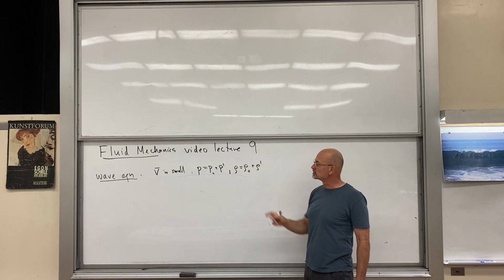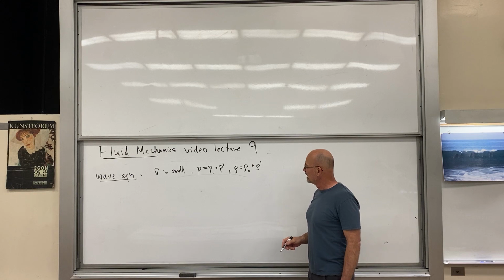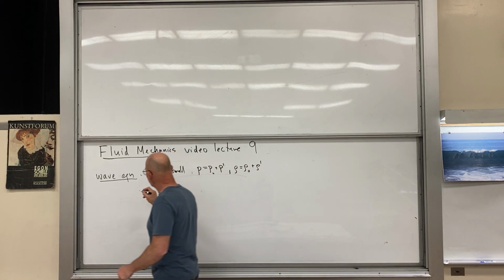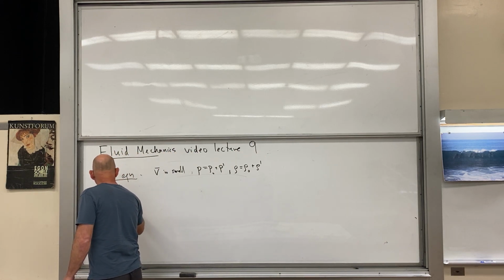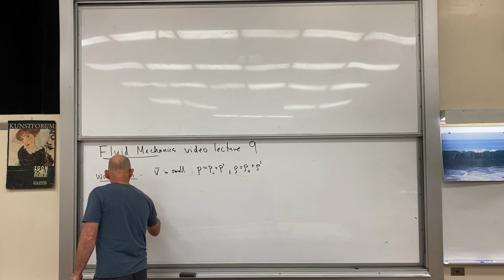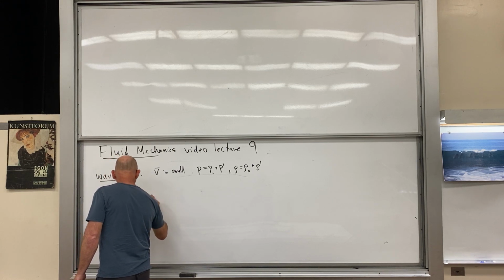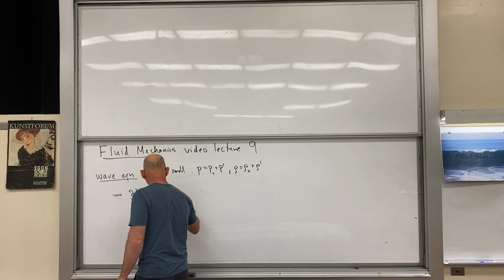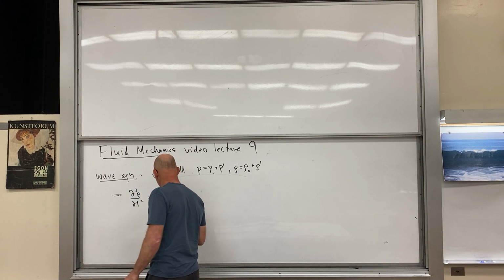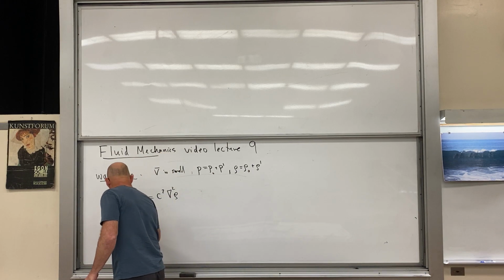So those are the small fluctuations there. And we succeeded in finding that d squared density dt squared is equal to c squared del squared density, and the same thing for the pressure.